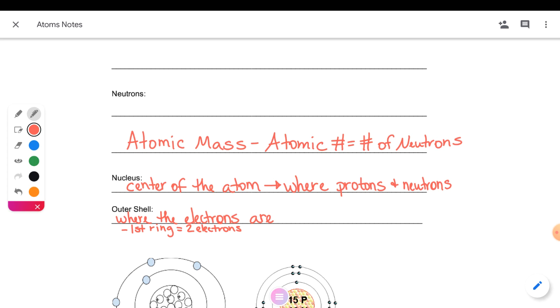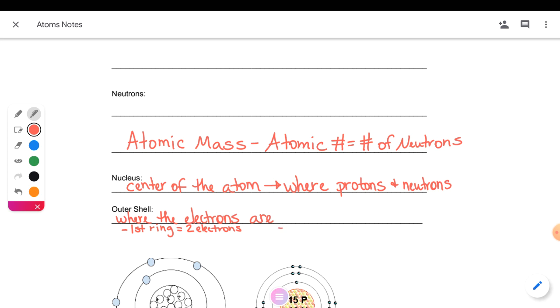If you look at the 3 atoms drawn below that, what do you notice about the first rings in all of them? There's only 2 electrons. In that first outer shell, the one closest to the nucleus, there can only be 2 electrons. After that, most of the time we don't go out further than 3 rings. There's 8 max. Okay, so the first ring is 2 electrons.